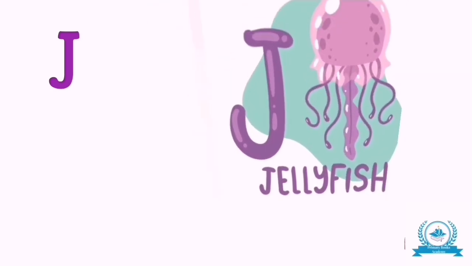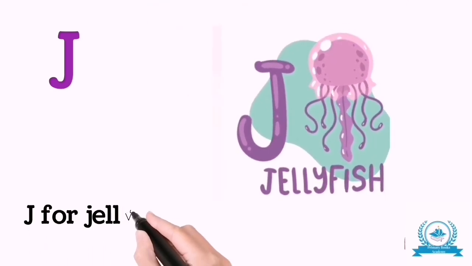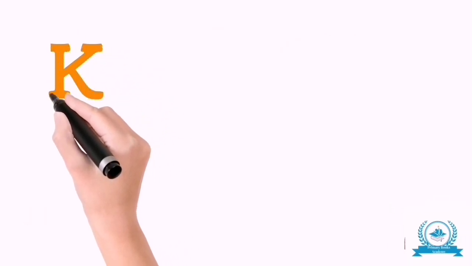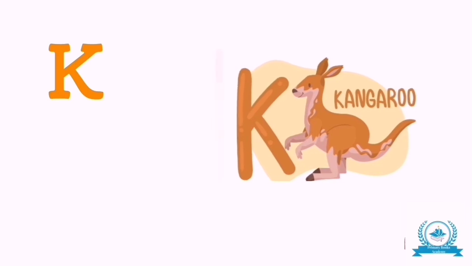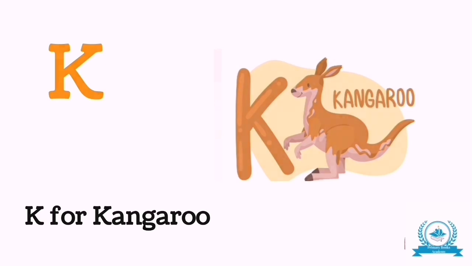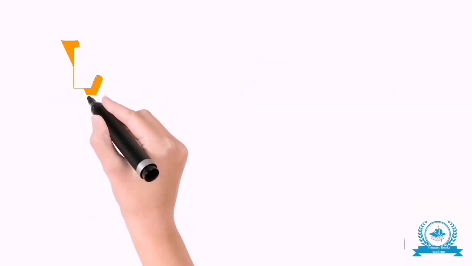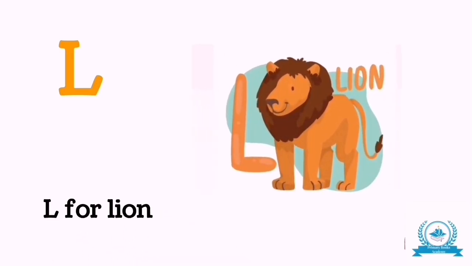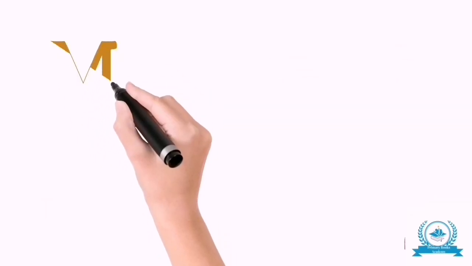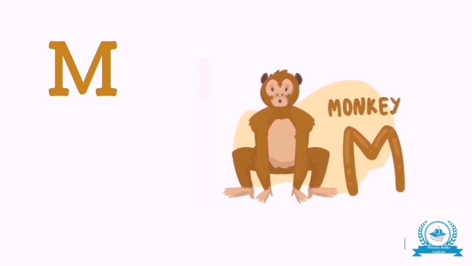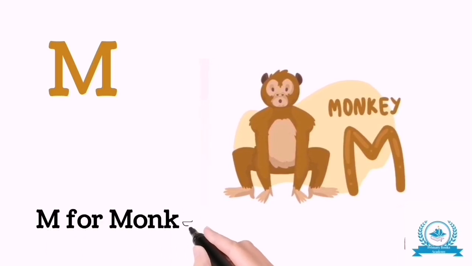J for jellyfish. K for kangaroo. L for loin. M for monkey.